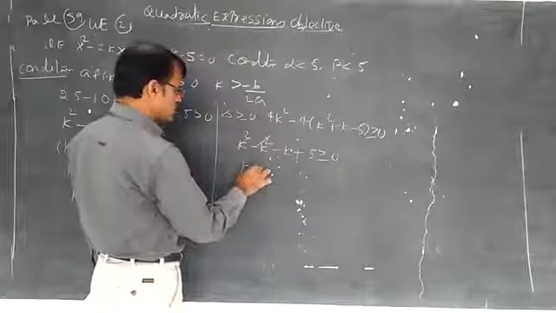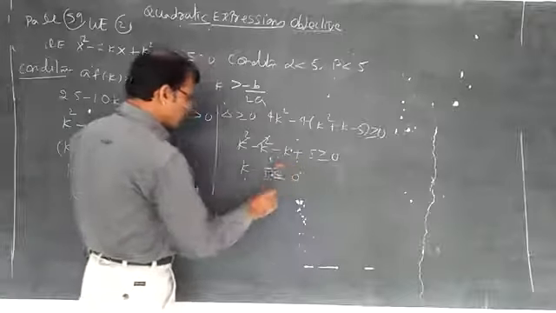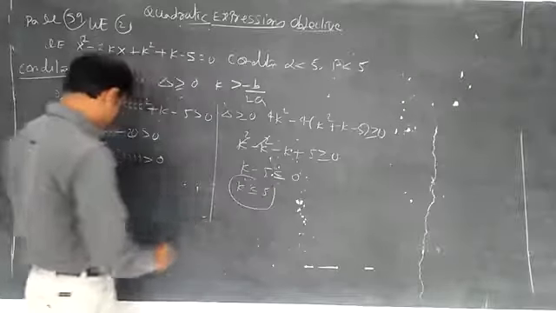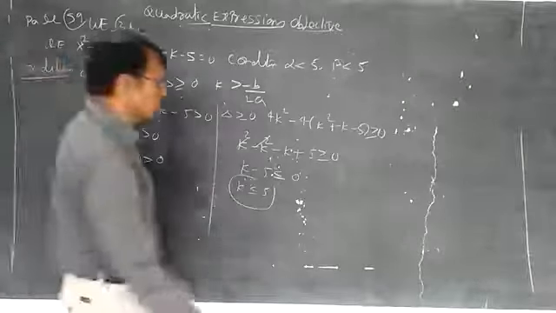This will get cancelled. Minus k plus 5 greater than or equal to 0. Whenever you multiply by minus, it becomes less than. So k less than or equal to 5.